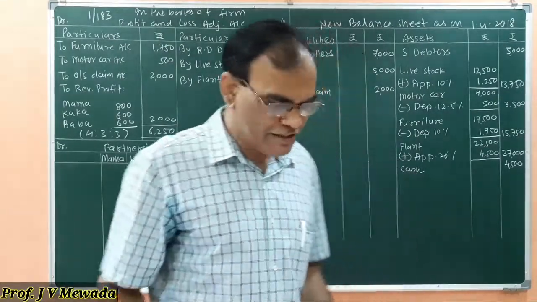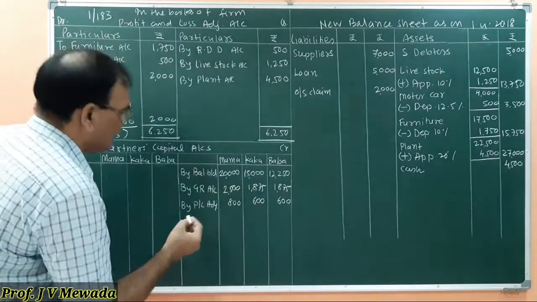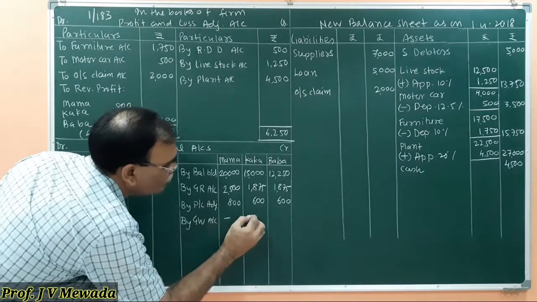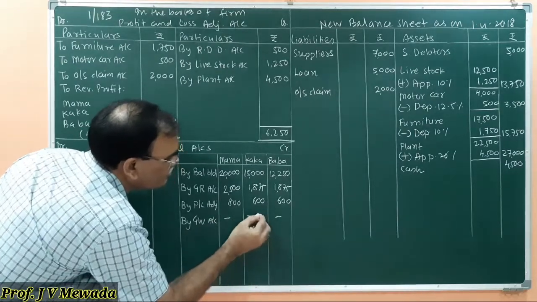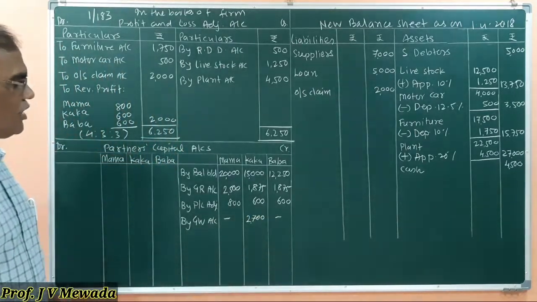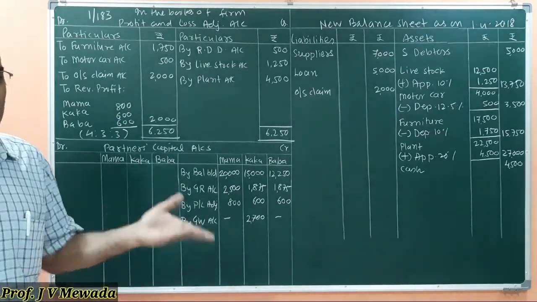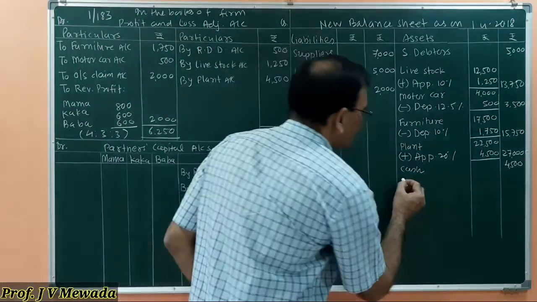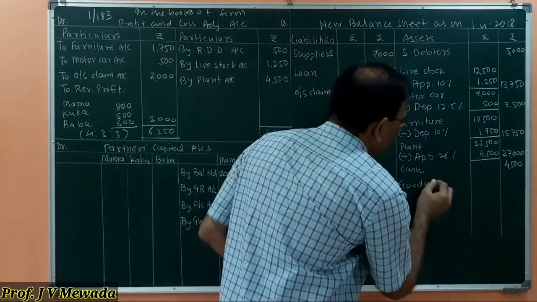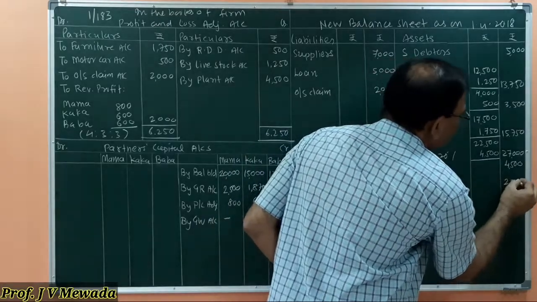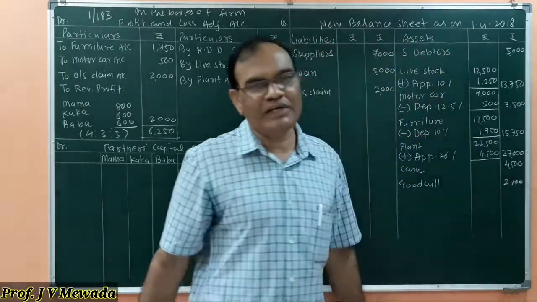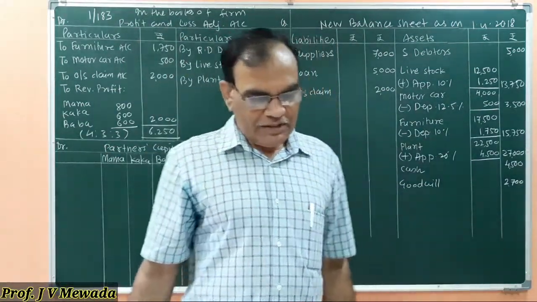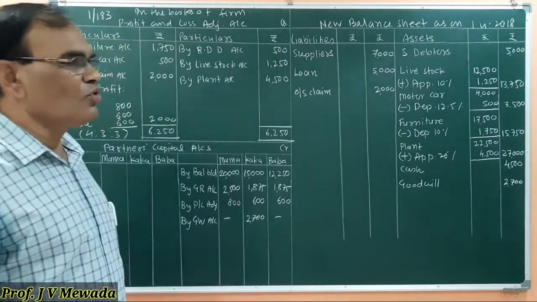So we are going to raise 2,700, we are going to credit to Kaka by goodwill account 2,700, and that 2,700 we are going to show in the balance sheet because we have raised the goodwill, and goodwill now will appear in the balance sheet. Goodwill 2,700, because we are not told to write off, so that is why it will appear in the balance sheet on the asset side.